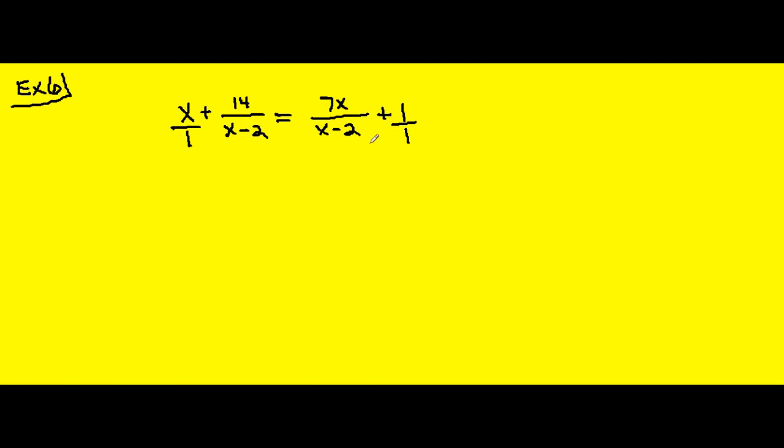That way I'll have x minus 2's all the way across. So let's go. I've got x minus 2, top and bottom. Okay, and over here, same thing, x minus 2 over x minus 2.